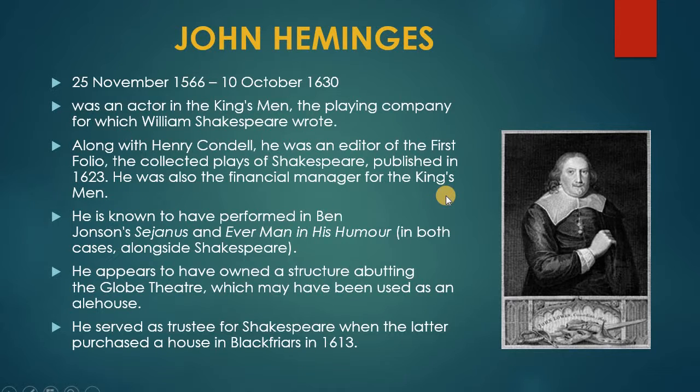So let's recap the five famous actors, which are Edward Allen, Henry Condell, William Shakespeare, Richard Burbage, and John Hemmings. That's all for the stars of the Elizabethan era and their pieces.